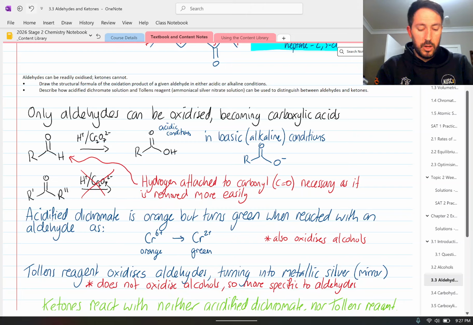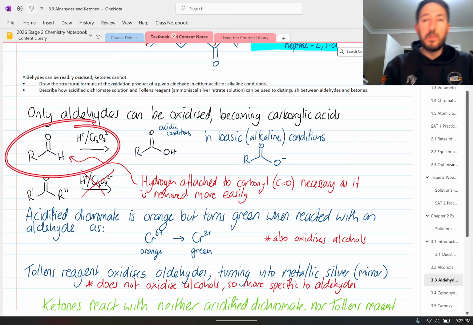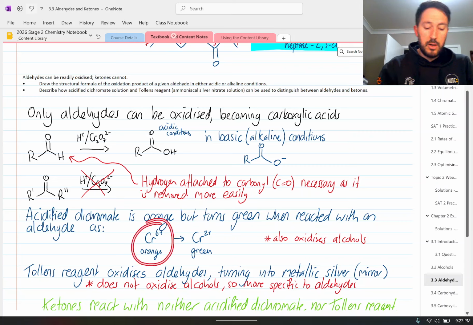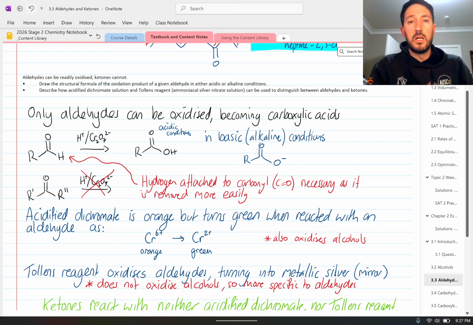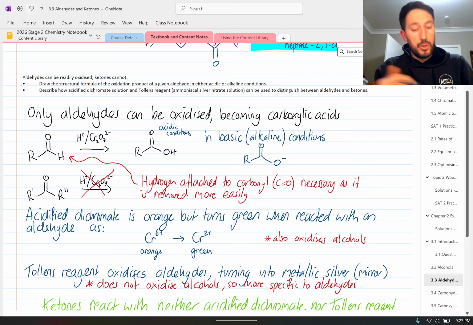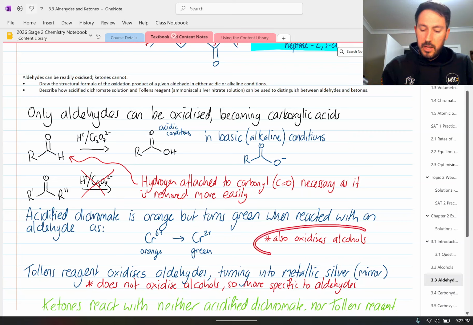So it goes from orange to green if it does a reaction. If you put it in with an aldehyde, it will do that. If you put it in with a ketone, it will stay orange because our chromium 6 plus ions will remain. So they will not react, they will not oxidize our ketone, they will not be reduced themselves from 6 plus to 2 plus.